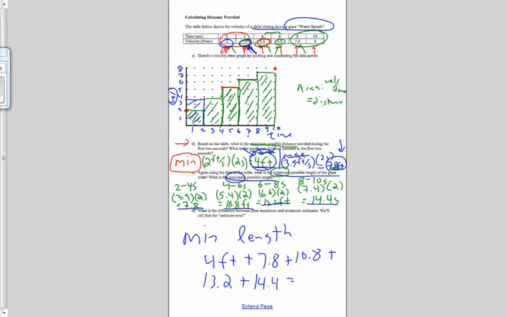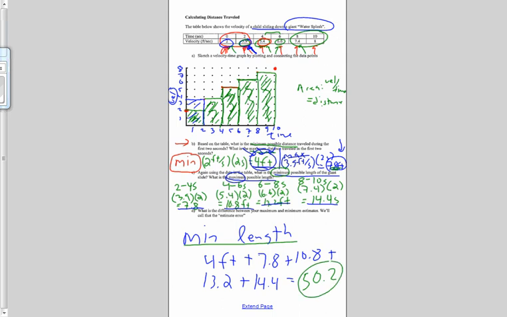If we add up each of these areas, that's going to give us the total area of all these green rectangles. So adding those all up, we get that the total area for our minimum approximation, the minimum length that it could be, is 50.2.